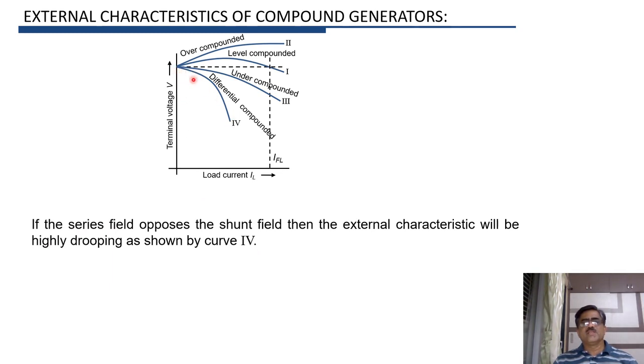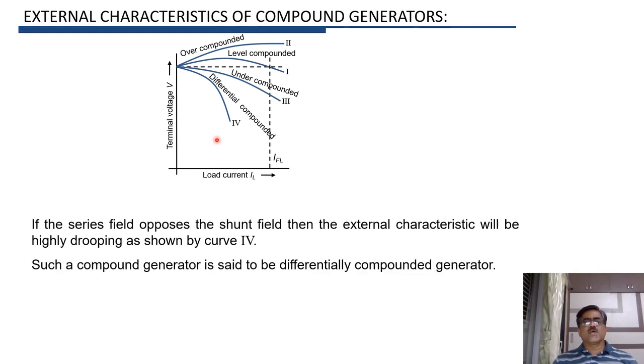So here you can see that this characteristic is highly drooping because the series field is opposite to that of shunt field, and therefore this type of generator is called as differentially compounded generator. So the external characteristic of differential compounded generator is the characteristic shown by this curve 4.